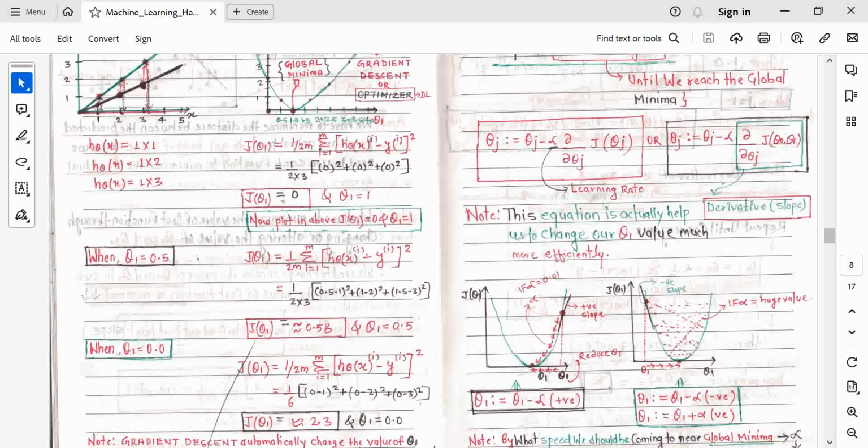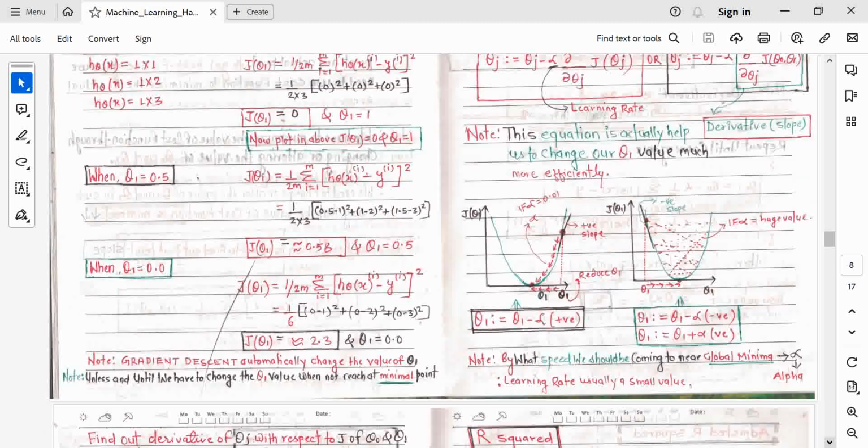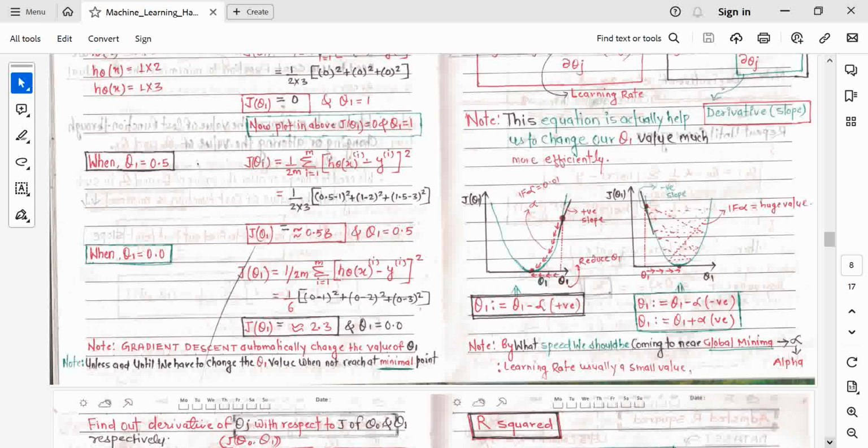Now when theta equals 0.5, then J of theta 1 equals 1 by 2m summation i equal to 1 to m of h of theta x i minus y i whole square.